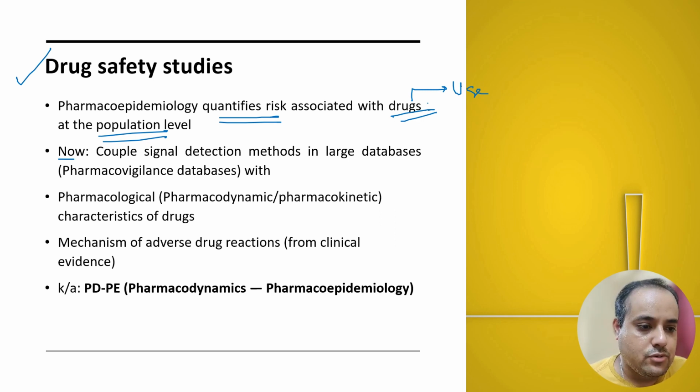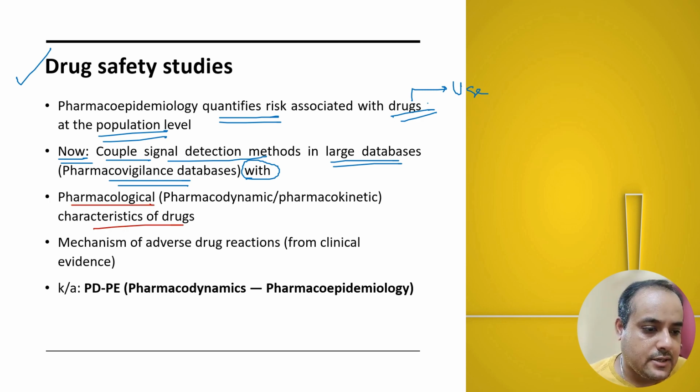Now what we do presently is couple the signal detection methods, in case of large databases such as the pharmacovigilance databases, with something. What are we coupling these methods with? We are coupling them with the pharmacological character of the drug.